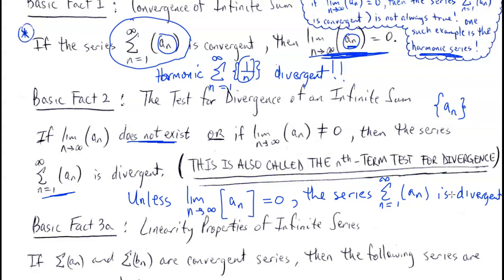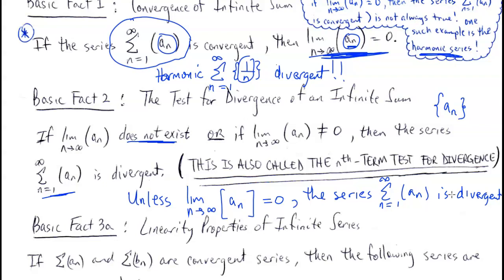If the limit of the sequence goes to 0, then it is a possibility that the corresponding series may converge or it may not converge. Okay, so that is what basic fact 2 is trying to communicate to us.